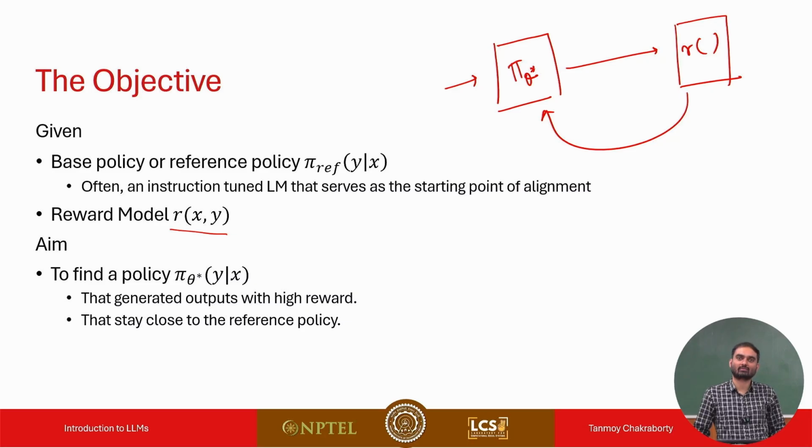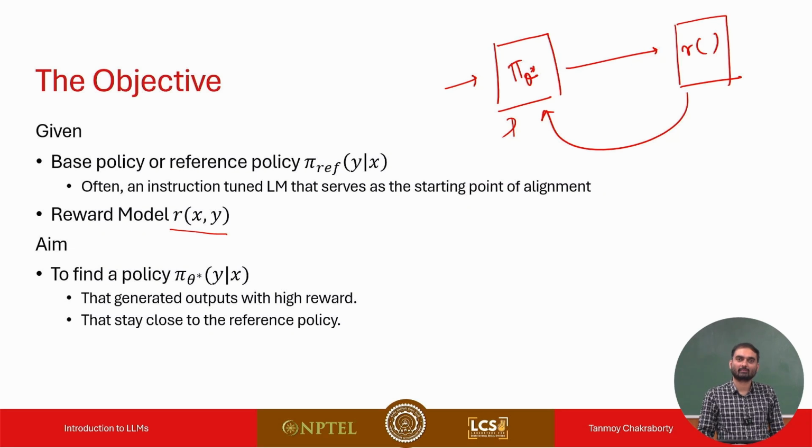So now here there is an interesting aspect that one should consider. Remember, what would be the optimal goal of this policy model? The optimal goal of the policy model will be to generate outputs such that its corresponding reward will be maximum. So what would end up happening is that the LLM, the policy model, will start hacking the reward model.